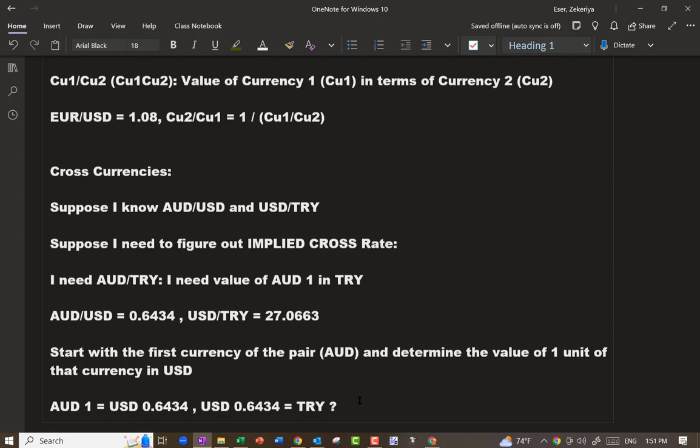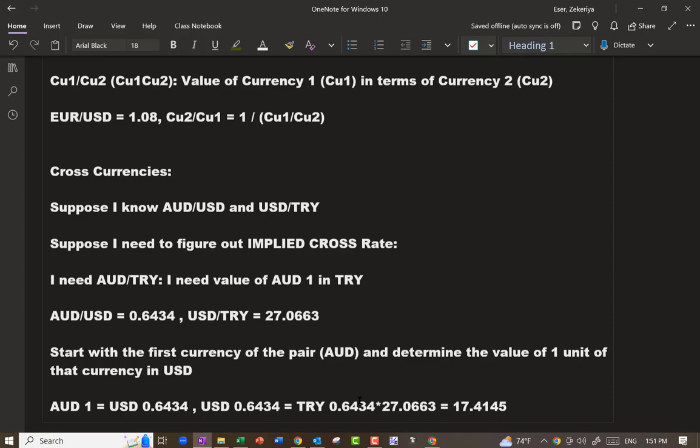Remember the exchange rate convention that I have. I know if you give me $1, I know how many Turkish liras I'm going to give you. So if you give me 0.6434, obviously I'm going to multiply that with that exchange rate. So in this case, that's going to be 0.6434 times 27.0663. That's 17.4145.